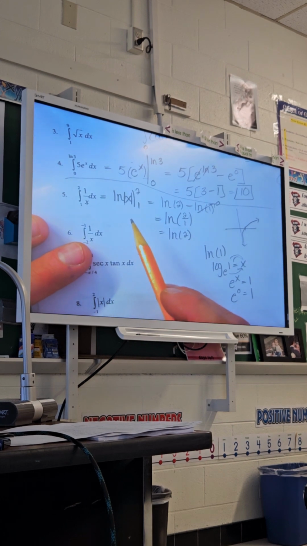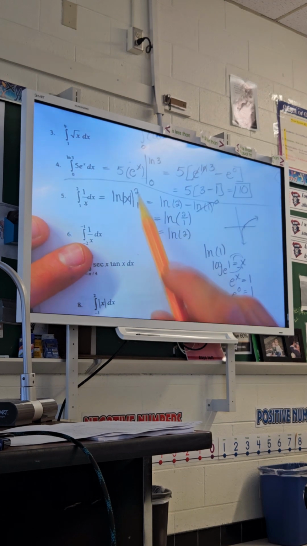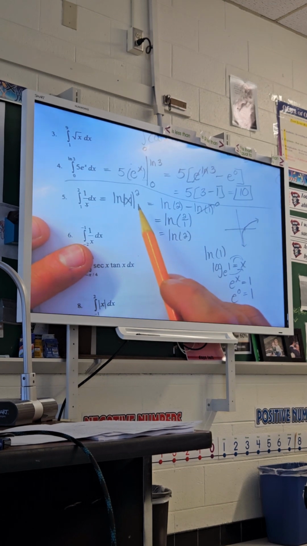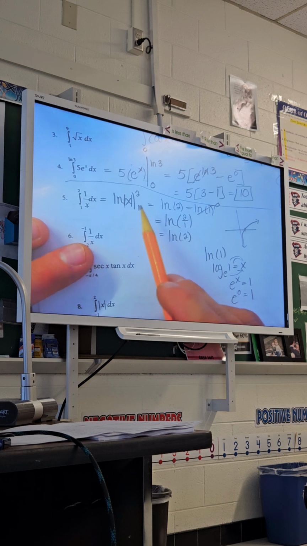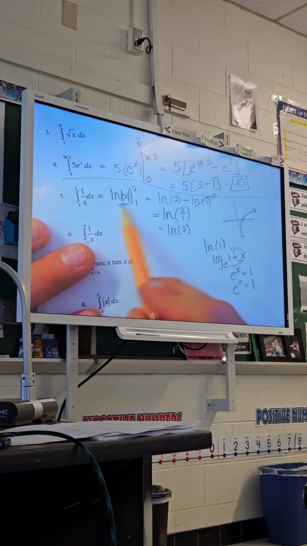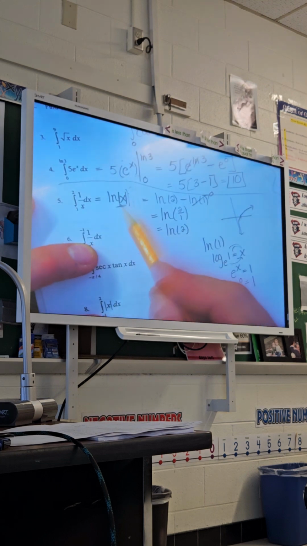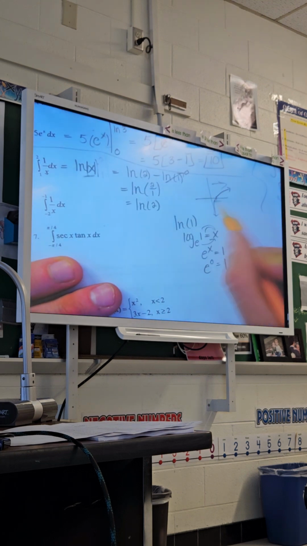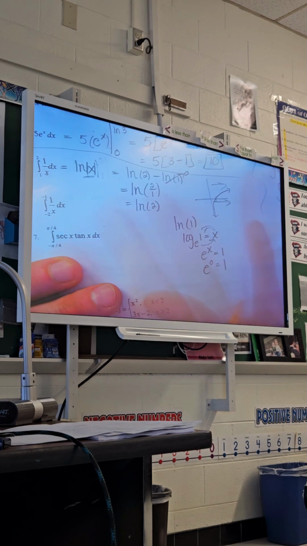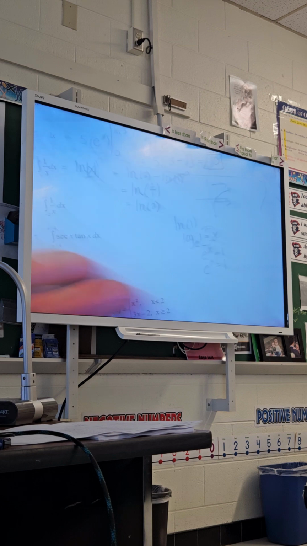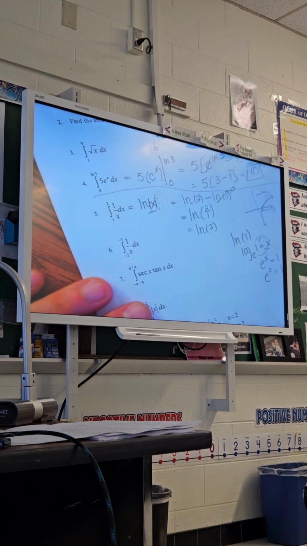If it's definite, you don't need it, because you're plugging these numbers in anyways. But if you don't have numbers to plug in, then we use absolute value, which would just be saying that the function only exists over here, where the x's are positive. So we don't need the absolute value.